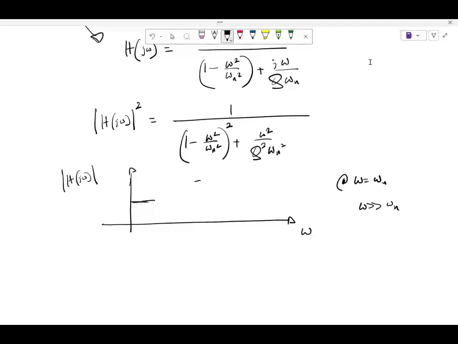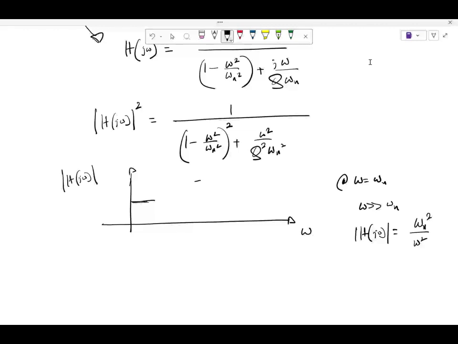The highest power will be the dominant term, which is omega squared by omega n squared, whole squared. So mod of H will be omega n squared by omega squared.